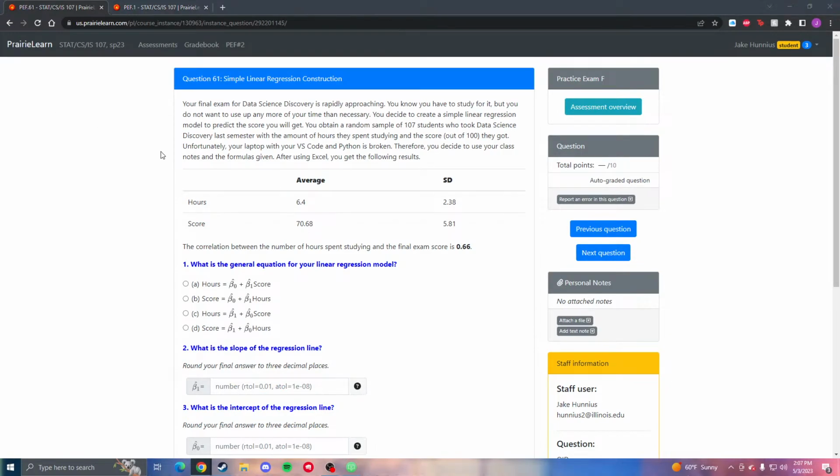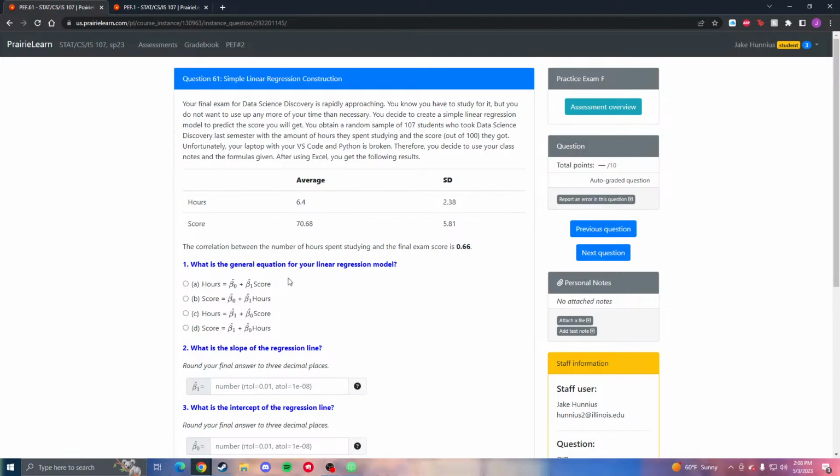Alright. So, sample linear regression construction. We have our R value as 0.66, and we're trying to predict score using the number of hours, so the amount of hours spent studying and the score out of 100.